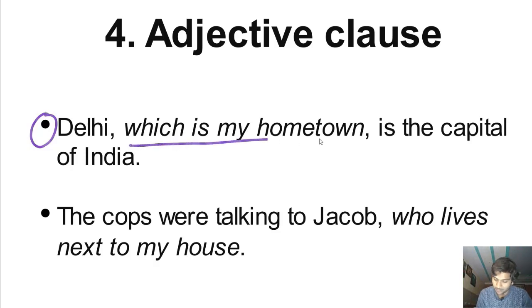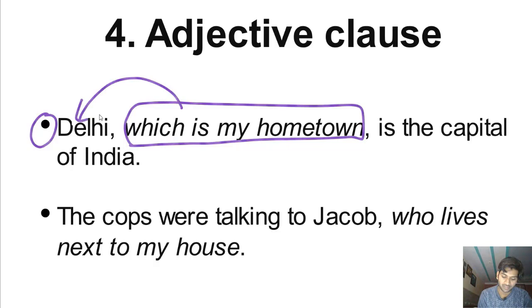Which is my hometown is an adjective clause that is giving information about the noun Delhi, but Delhi is already a proper noun, is an identified noun. Whatever information you give about a proper noun is going to be non-essential, is going to be extra. And what do we do with extra information? We separate it using commas, and that's exactly what we've done in the sentence. A comma before it, a comma after it. That is why it is an adjunct to the sentence.